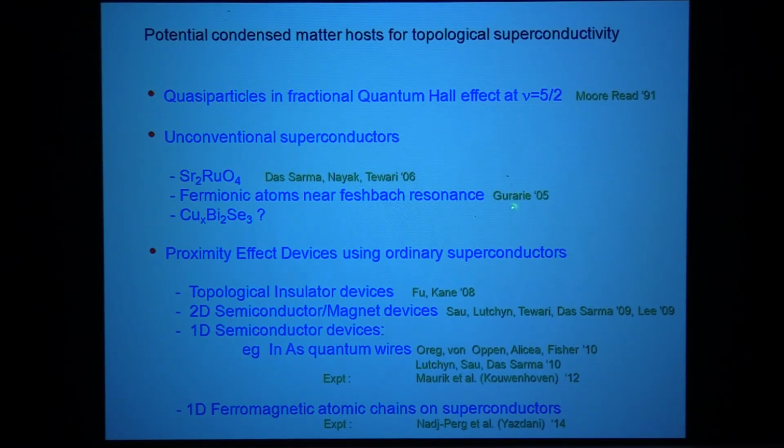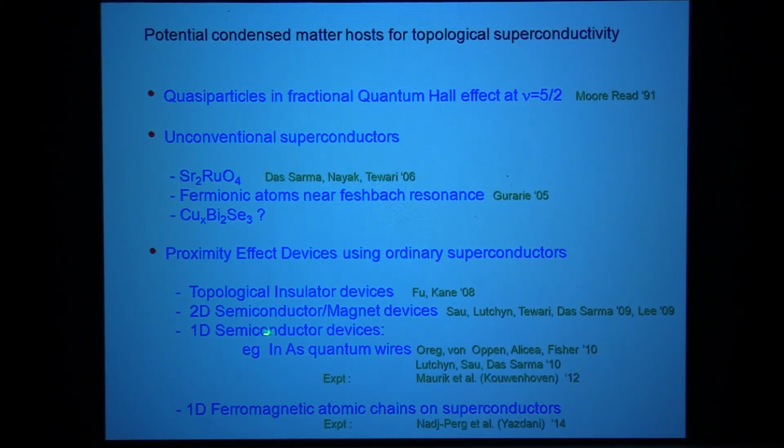And we can induce superconductivity in that other material using the proximity effect. And so here there's been a fair amount of effort. There's an idea that if you can make the surface of a topological insulator superconducting, then you get something like topological superconductivity.